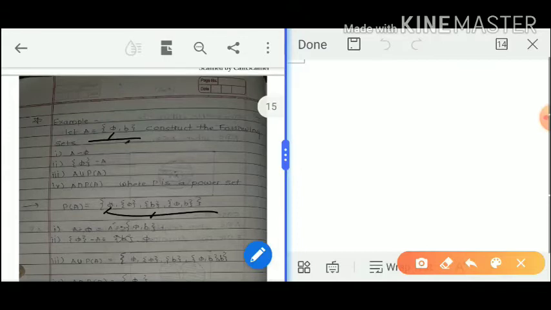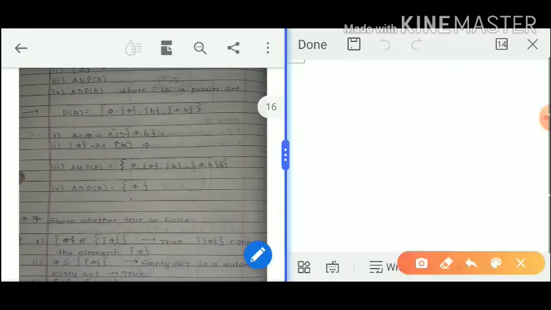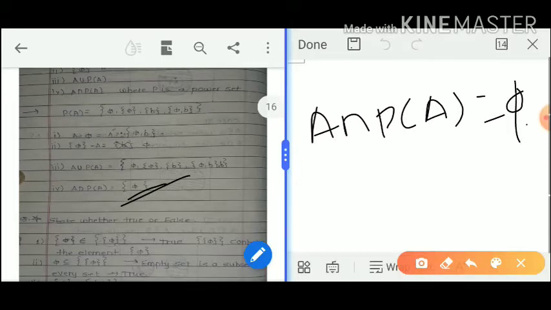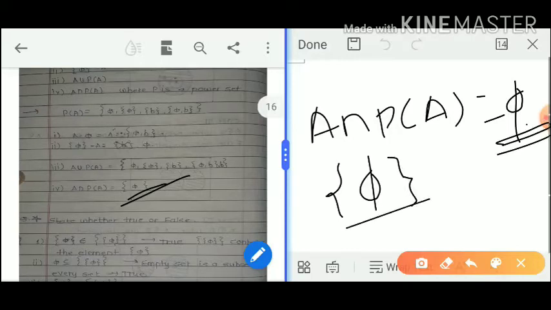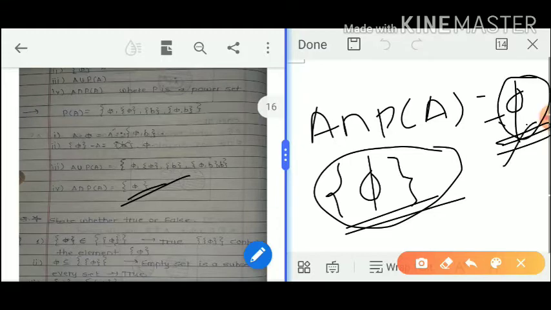So one element is common, phi, so the answer is {phi}. Here {phi} is a set containing one element. If you write power set of A equals phi like this, it means a null set, but this is not a null set, it contains one element. The set which contains one element phi is the right answer. If you write it the other way, it is wrong, so write like this.